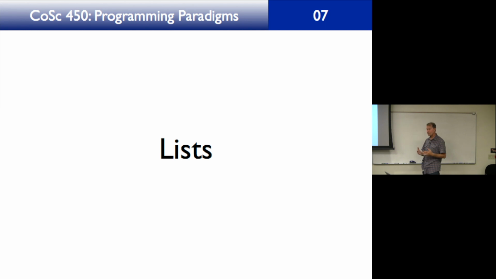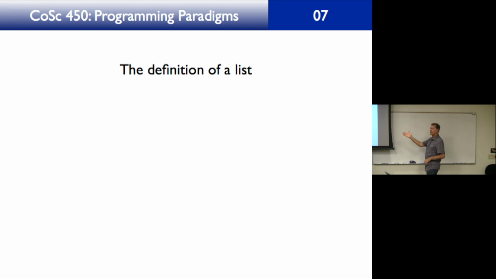Are you with me? So now, why are functions lists? Let me define what a list is and then you'll see. Here is the definition of a list. Guess what kind of definition it is?